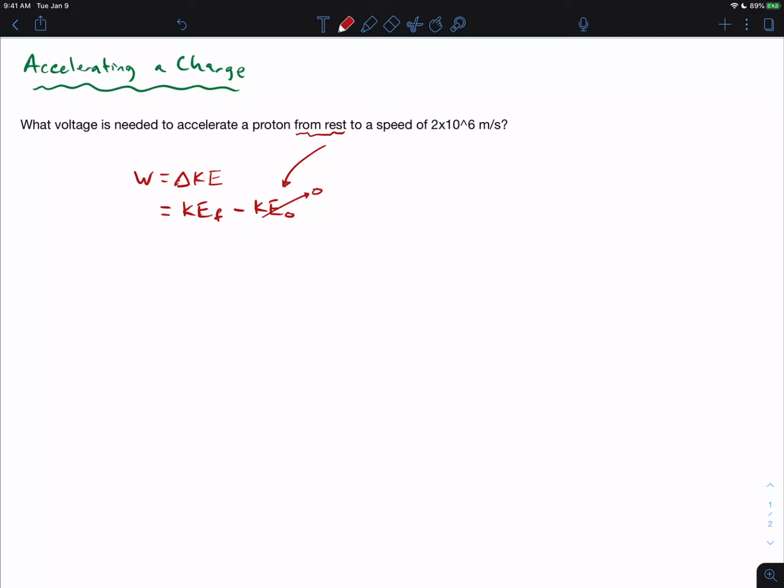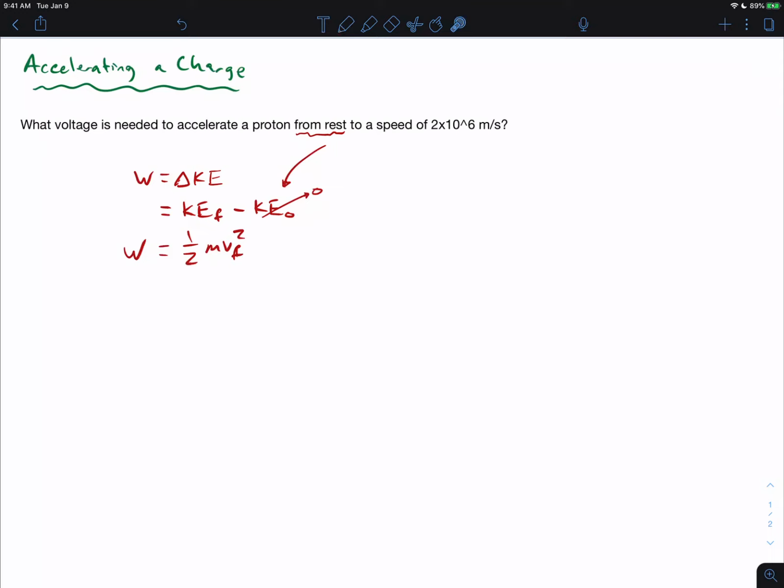So this makes it very simple, where all I need to do is find the final kinetic energy, and I'll know how much work I need to do on this object in order to speed it up to this final velocity. The way we do this is we just use 1/2 m v final squared. So this is the amount of work that we need to do.